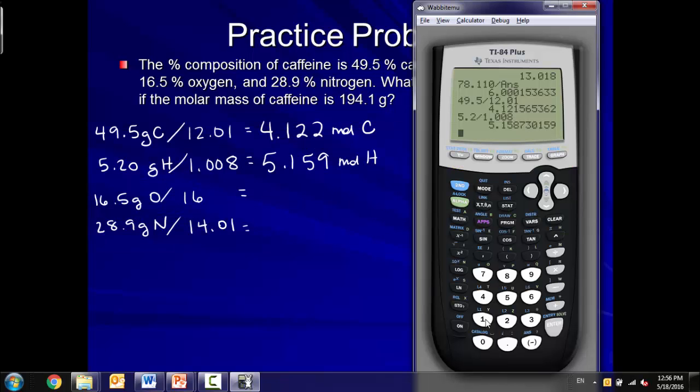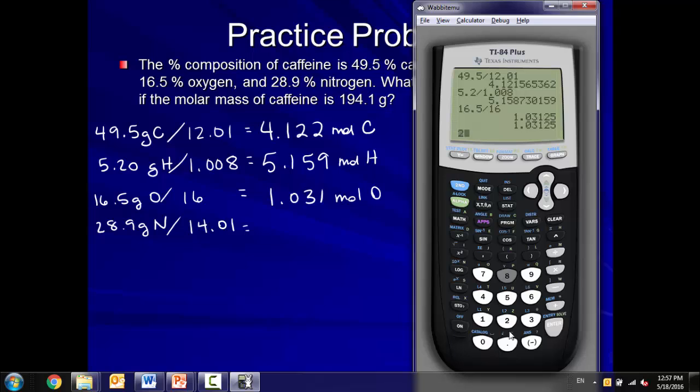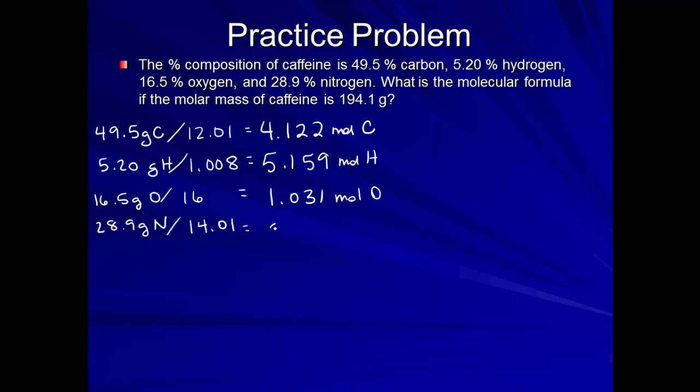Oxygen is 16.5 divided by 16. 1.031 moles of oxygen. And nitrogen is 28.9 divided by 14.01. 2.063. All right, and that's moles of nitrogen.